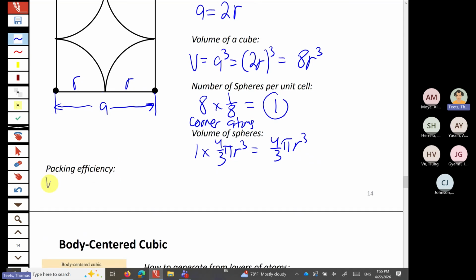Packing efficiency is defined as the volume of the spheres or the atoms that are in the unit cell divided by the total volume of the cell, which is the volume of the cube, multiplied by 100. So in this structure here, we found that the spheres occupy a total volume of 4/3 pi r cubed, a total of 1 sphere in the unit cell with that volume.